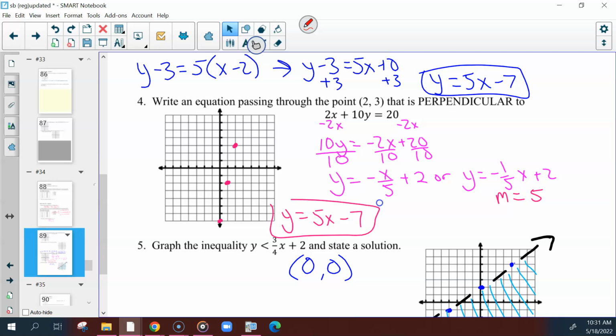Or if you were doing this algebraically, after you find that new slope, you can take the point and take the slope, put it into your point slope formula, and then solve that to get your equation. Either or.